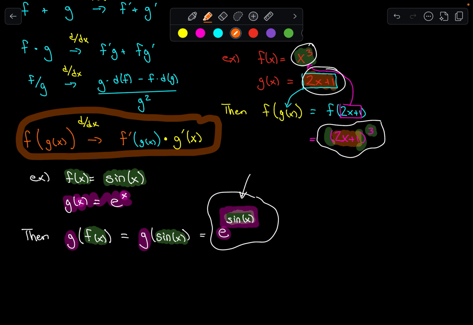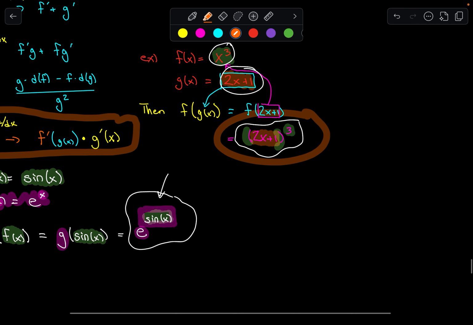Now, I know in its very abstract and general form like this, it probably doesn't make too much sense. So let's tackle the example here on the right.